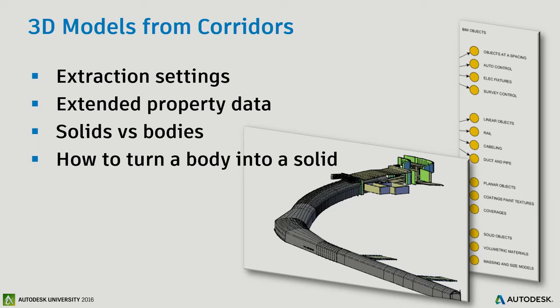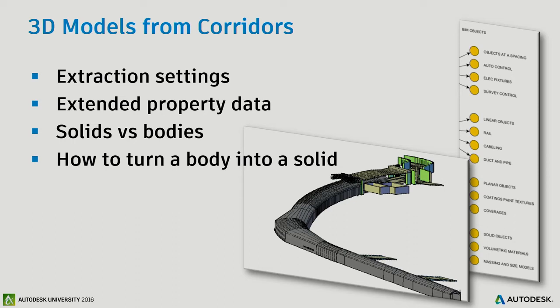And when we export from a corridor, things export differently. If I have a closed area, which we call a shape in a cross section, it's going to come across as a 3D solid, that chunk that you saw, which was the tunnel. If I only have a link, which represents the surface, like the surface that the rails sit on, like the ballast base, it's going to be called a body.